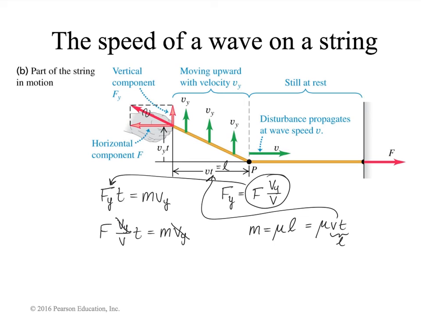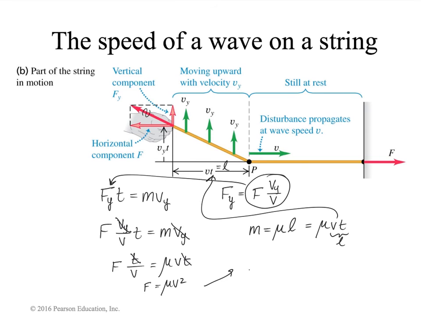So if I do some substitutions, I have F times t over v equals mu v times t. And notice now time is going to disappear. And I'll do one more thing: F equals mu v squared.